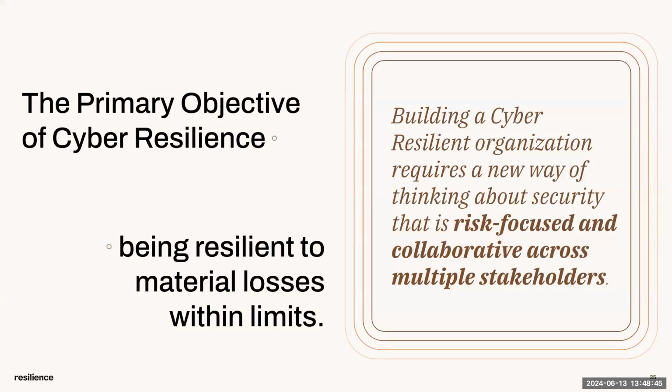The primary goal they should have from a strategic perspective is that the primary objective of cyber resilience is being resilient to material losses within limits. Within limits is going to be the key part of this, but the other piece is understanding and identifying what our material losses can be.